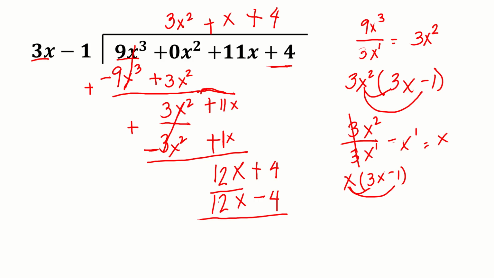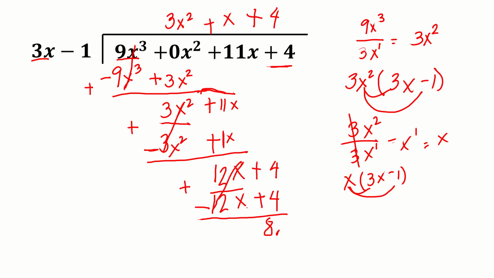Then change the sign. From positive 12x, magiging negative. From negative 4, magiging positive 4. Then proceed to addition. So 12x plus negative 12x, that will be 0. So no need to write that. Then 4 plus 4 is equal to 8. And since we have a number dito sa baba, so that means there is a remainder.